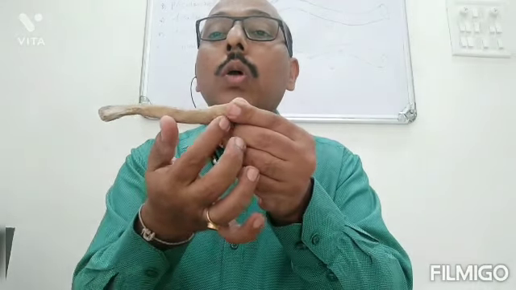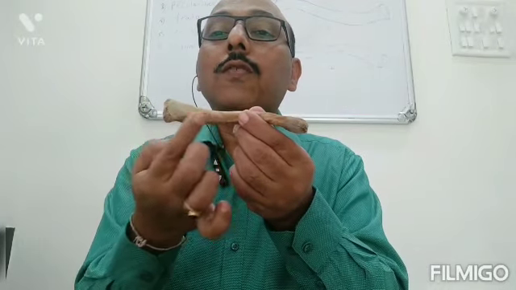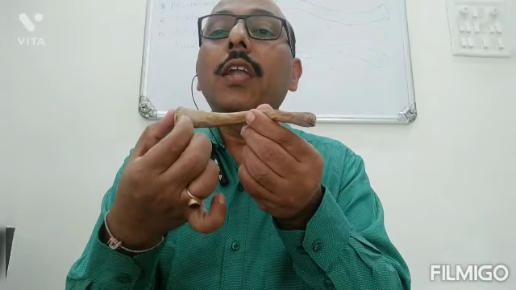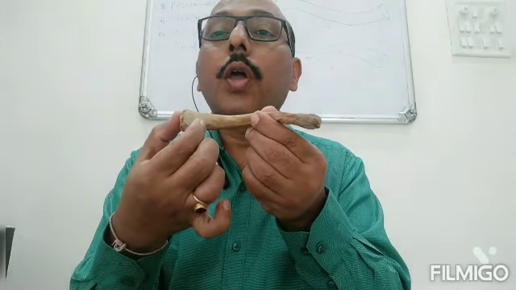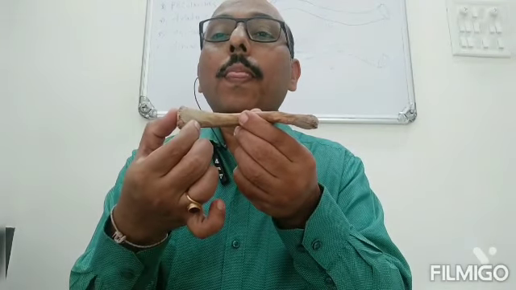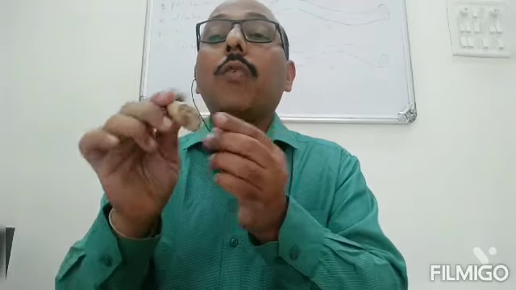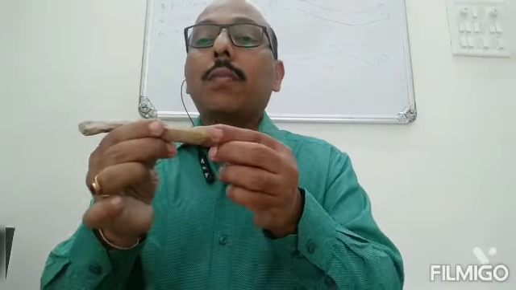Okay, now the posterior surface, we have seen it is very smooth, but at its medial end it gives origin to the sternohyoid muscle. Sternohyoid muscle, it is the muscle of anterior part of neck. Okay, front of neck region, band like muscle.